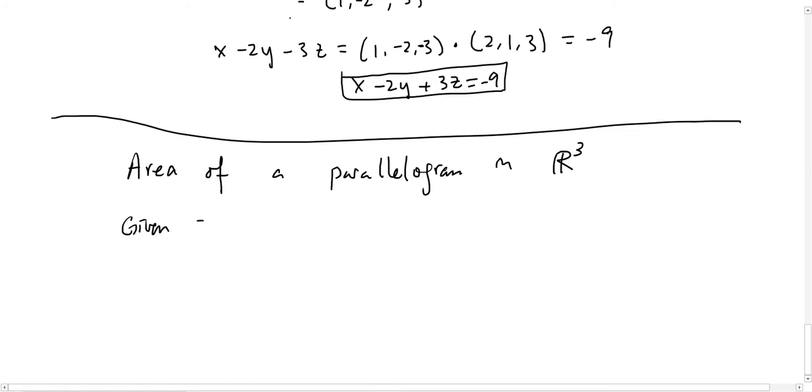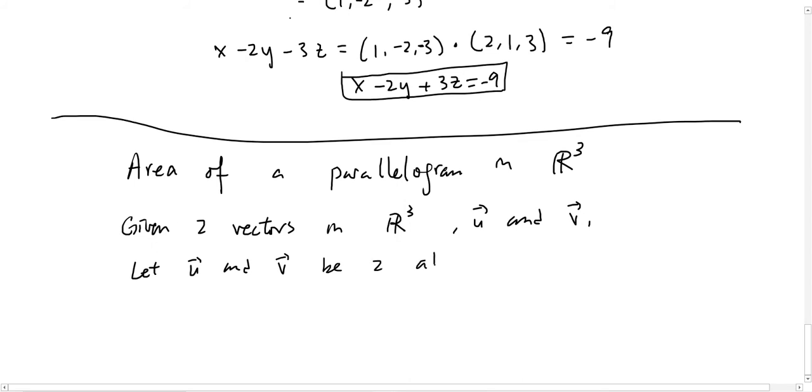Let's say given two vectors in R3, vector u and vector v, and let's say we let vector u and vector v be two adjacent sides of a parallelogram.